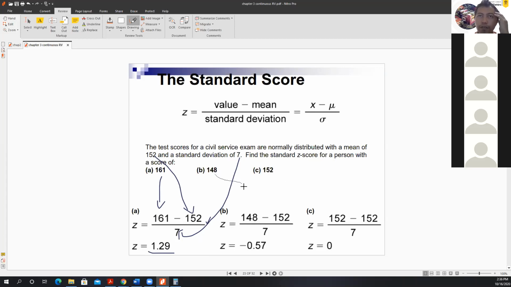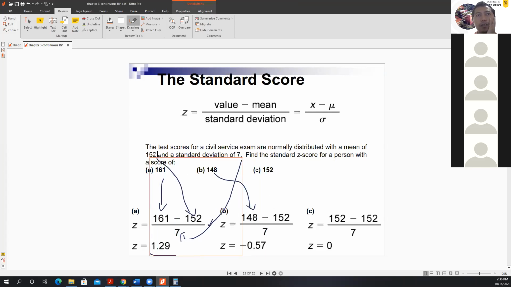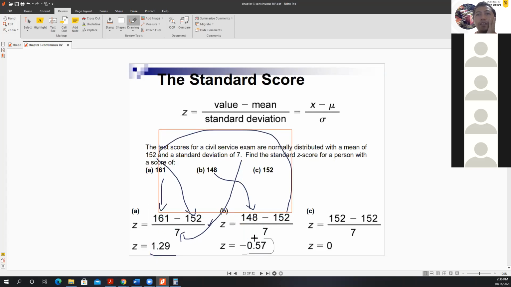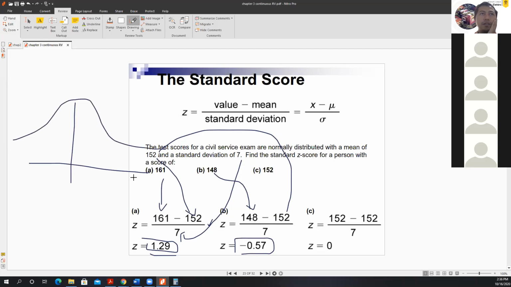If we have X being 148, and this is the mean here, we arrive at this point, Z. This point at the right side, do you remember? Because it is positive, the right side is positive, and this one is negative, located on the left side.